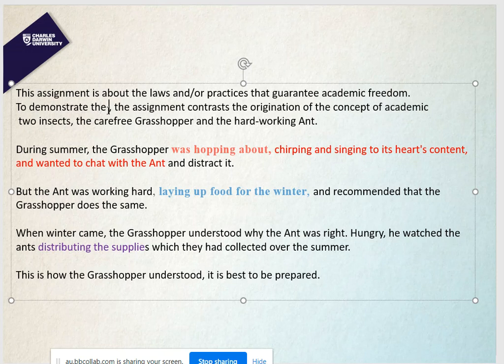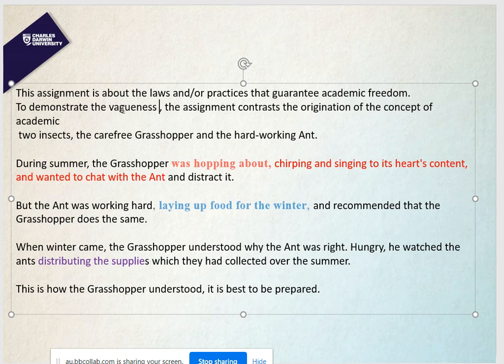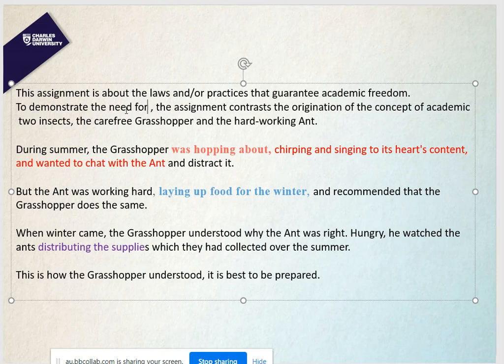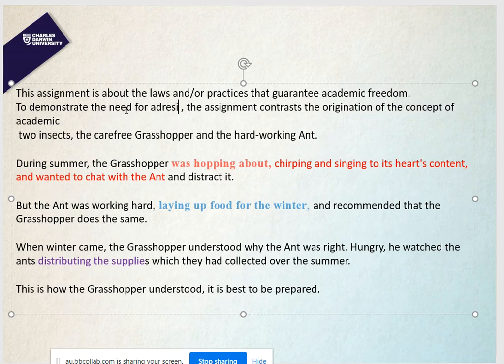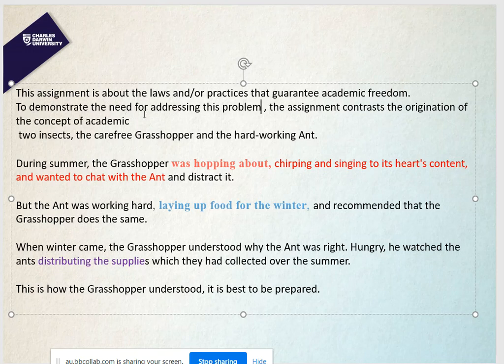The vagueness of the need for addressing this problem. The assignment demonstrates the need for addressing this problem, which is the significance of the study. Why are you doing this?